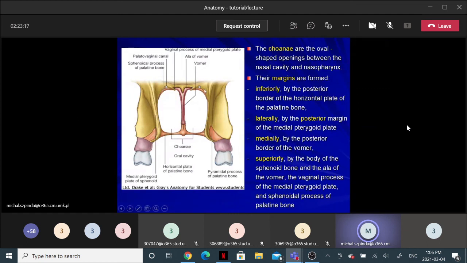Just here, we can see that the medial pterygoid process inferiorly gives off a lateral curved process. So this is the hamulus, a small hook, while medially it forms the vaginal process.